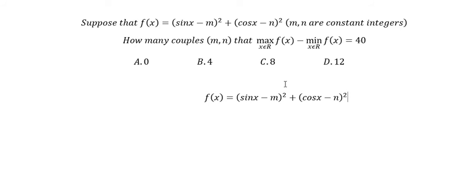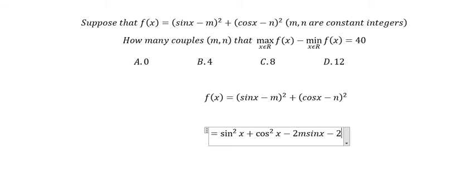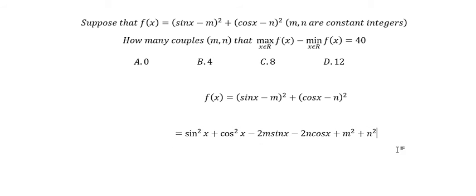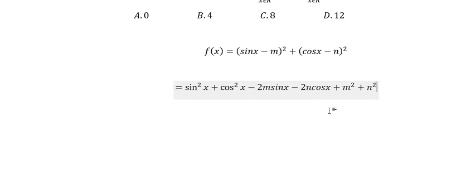Here is about the function. Now we just expand them. We know that sin x power 2 plus cosine x power 2 is 1, and we can arrange like this.